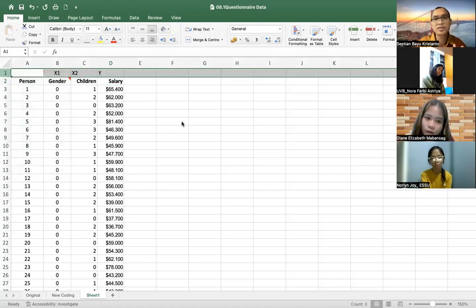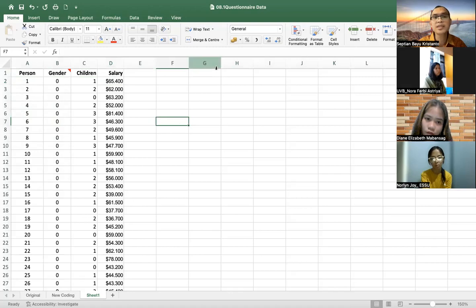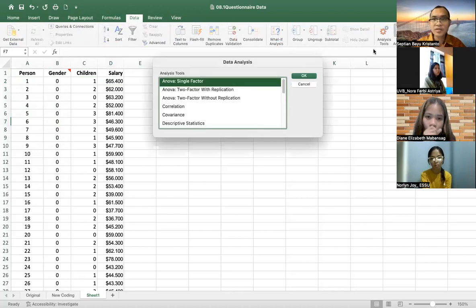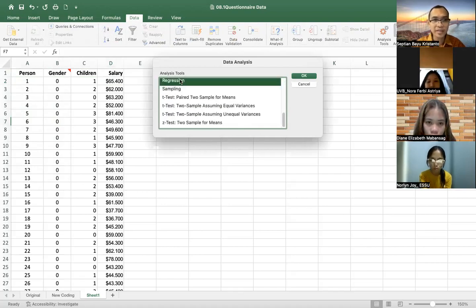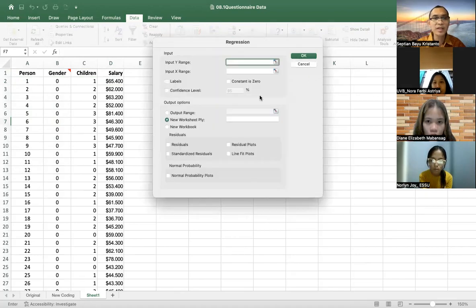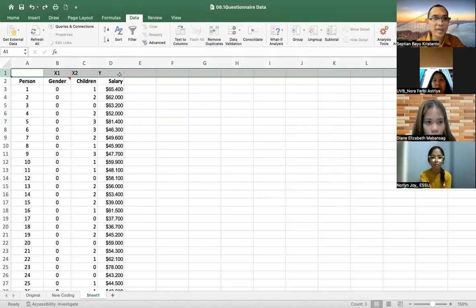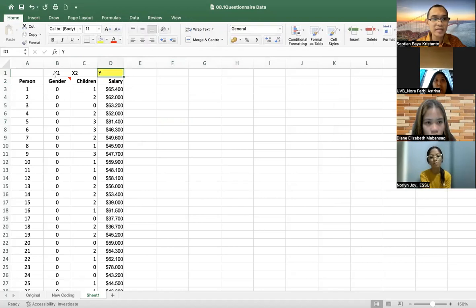We start with the single regression. Okay, you need to go to data analysis and find regression. When you find regression, you need to input the first range. This is the dependent or Y range. Sorry. If I go back here, we have the dependent, and this one is the independent.